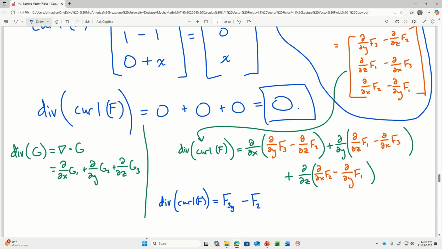Sorry, with respect to y and x, and then z and x, plus this f1 where I take the partial with respect to z and y, minus this f3 where I take the partial with respect to x and y, plus this f2 where I take the partial with respect to x and z, minus this f1 where I take the partial with respect to y and z.